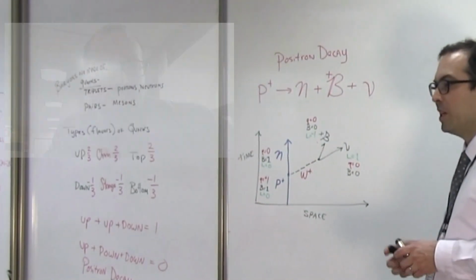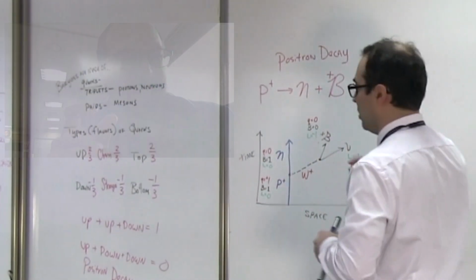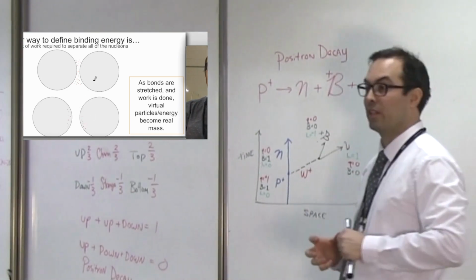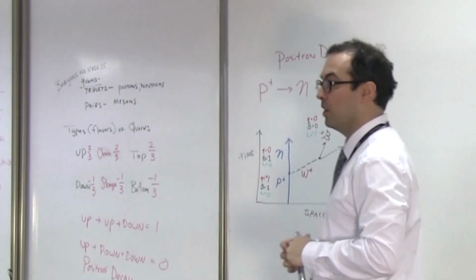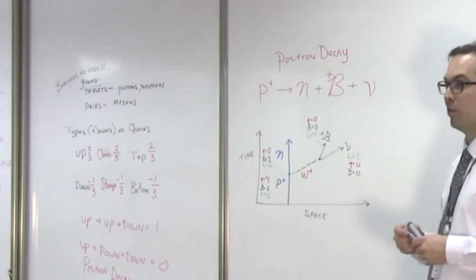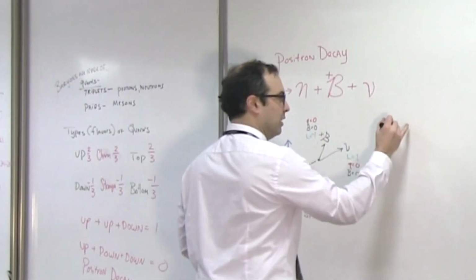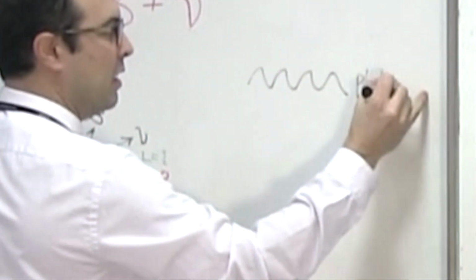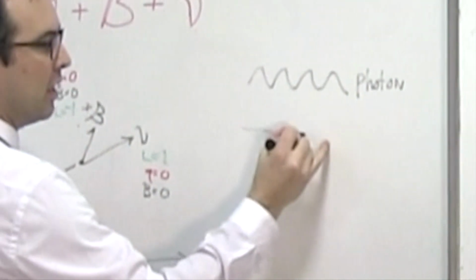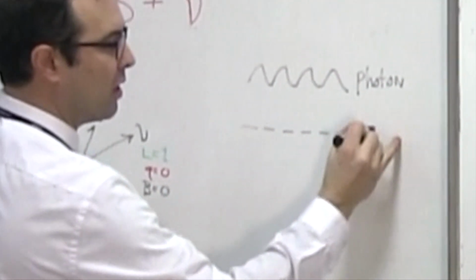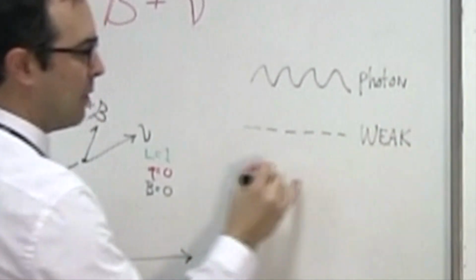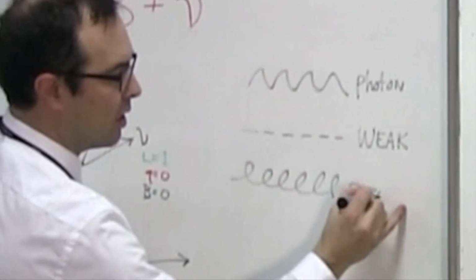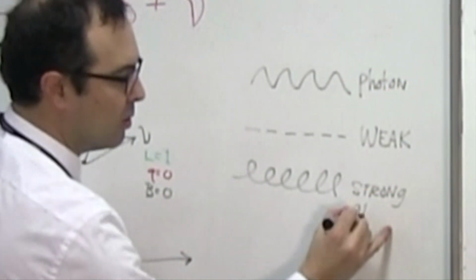If you remember from the nuclear binding video, what I did is I drew in some of those exchange particles between protons and neutrons in the nucleus. And those were gluons. And those gluons are from the strong force. And so we've got photons. We've got our electroweak force. And we've got the strong force, which are those gluons.